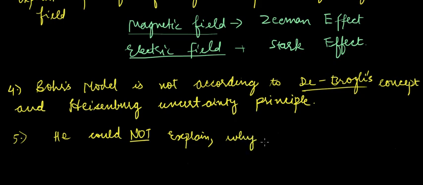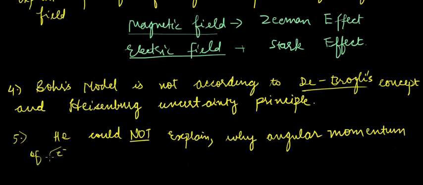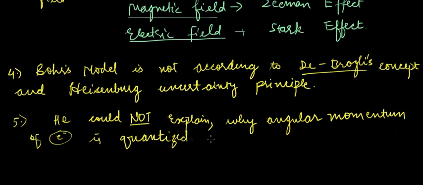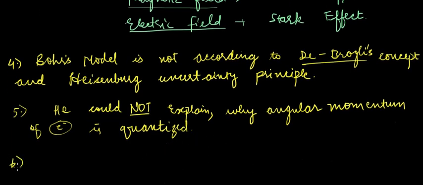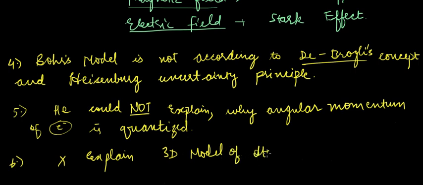Next, he could not explain 3D model of atom. Okay, so with this we come to the end of this lecture. In the next lecture we'll be discussing de Broglie's concept.